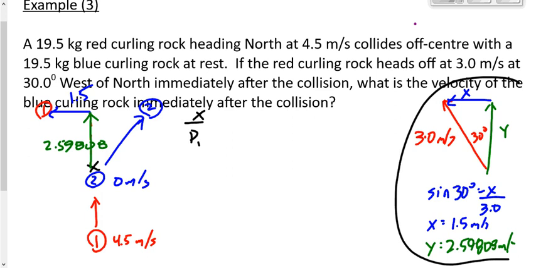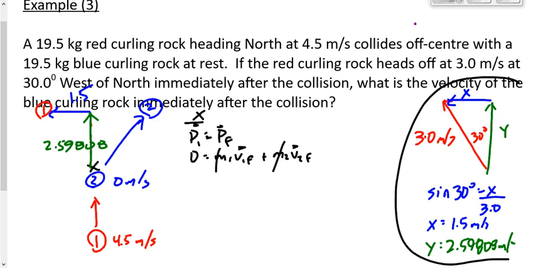Let's say, I like the x component here because the initial momentum is 0. M1 V1I, equals M1 V1F plus M2 V2F, but curling rocks have the same mass, so they cancel, right? They better have the same mass.